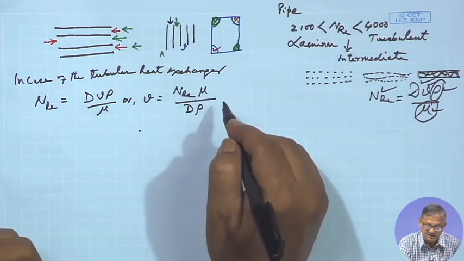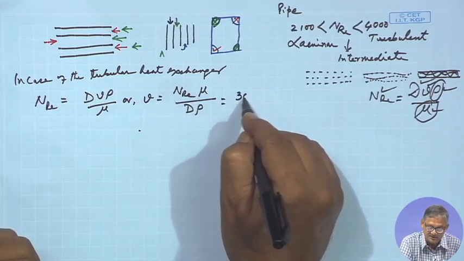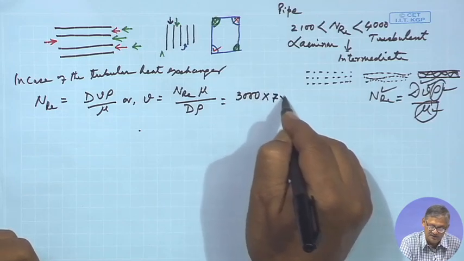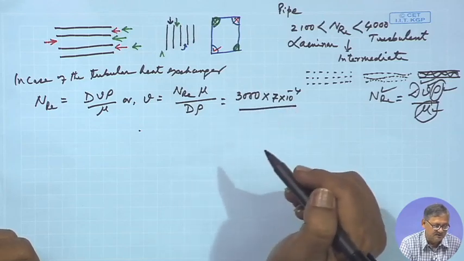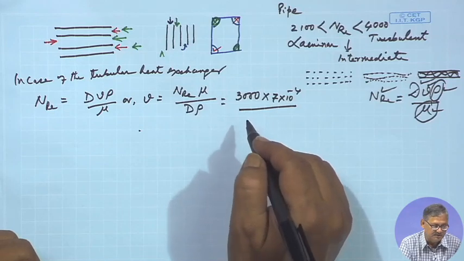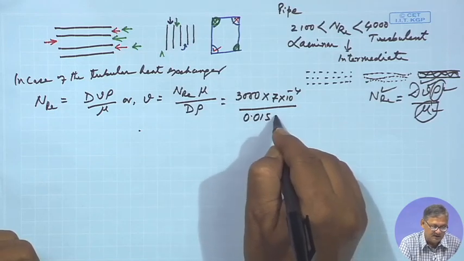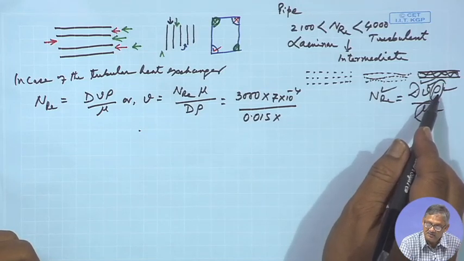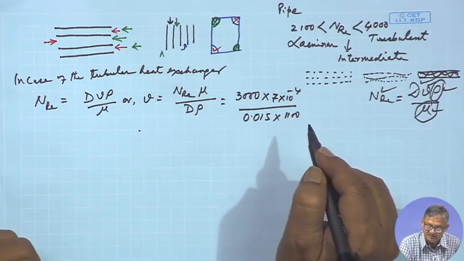Now, the values are given. NRE is given as 3000, mu given is 7 into 10 to the power minus 4 Pascal second, and d is given 15 millimeter, 0.015 meter, and density of the fluid was given 1100, right?